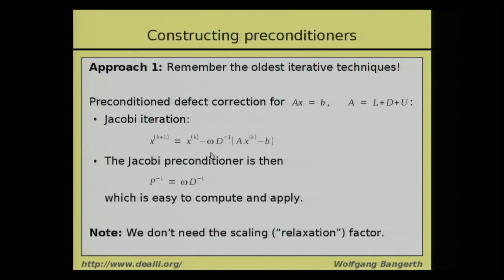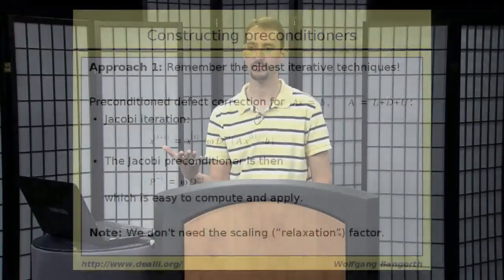Now, if I think of this P to the minus 1 as my preconditioner, and I were to use this particular form as a preconditioner for the CG method, which is exactly what we're going to do, then in the CG method I don't actually care about the scaling factor omega, because I told you that in the CG method it does not matter to me whether I end up with P to the minus 1 times A equals the identity matrix, or as a matter of fact, any multiple of the identity matrix, or any kind of diagonal matrix.